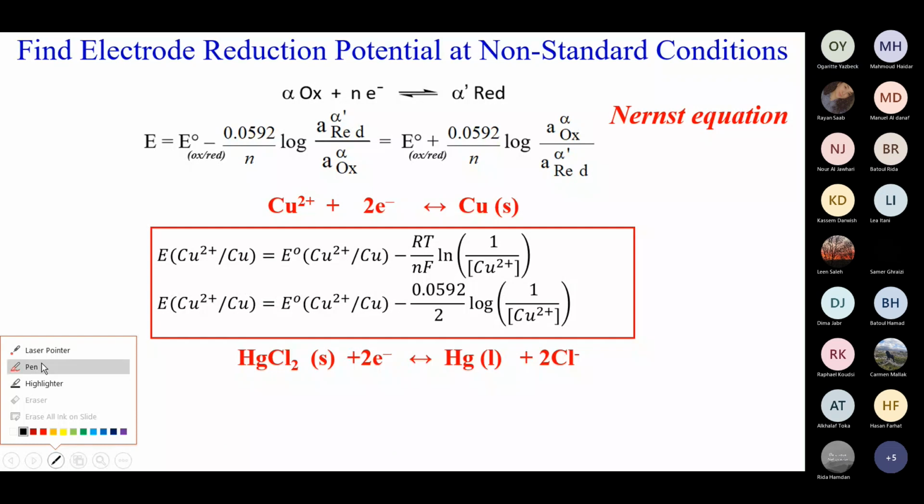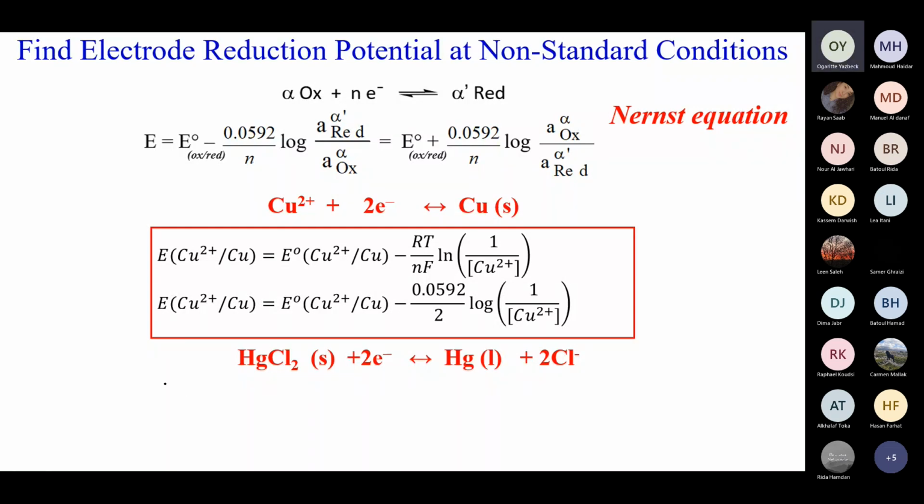Everybody. What will be the E for the couple? This is already written in the reduction. Notice, it's written as a reduction. For the couple, mercury chloride, I'll put it like this over mercury. Okay.